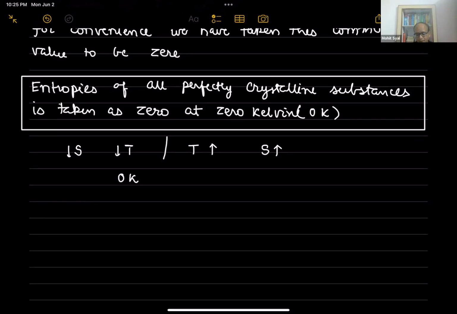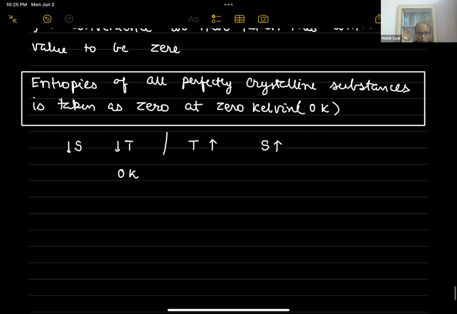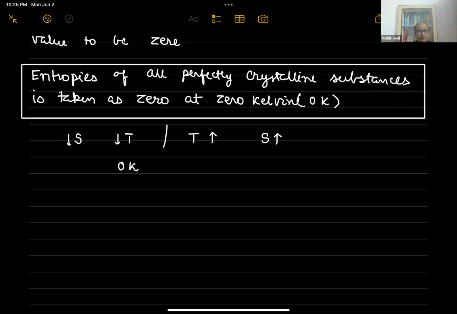So what should be the entropy at zero Kelvin? It is the lowest thermodynamic temperature at which all types of motion, translational, vibrational, rotational, stop completely. So entropy will become zero.